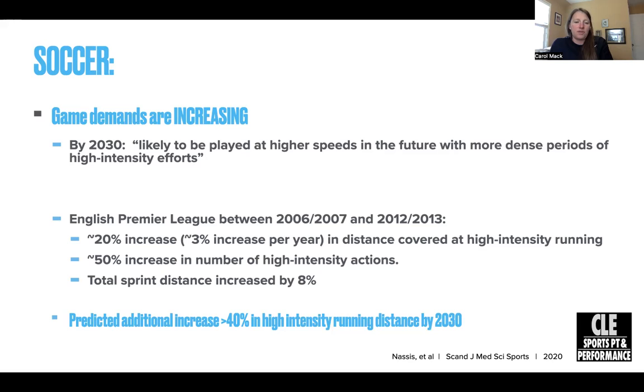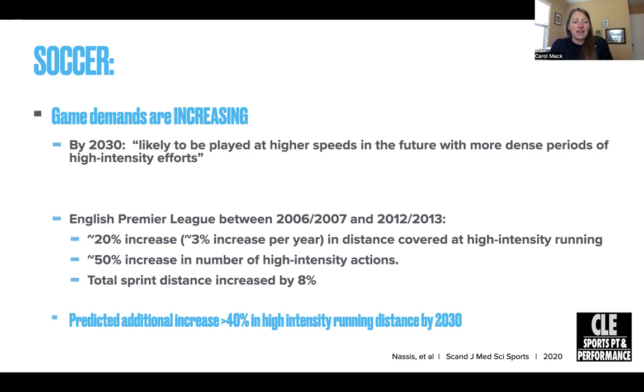We've looked at data in the English Premier League from the 2006 and 2007 seasons and compared that to the 2012, 2013 seasons. There was a 20% increase in the distance covered in what they call high intensity running. That's sprinting, things where you would have to accelerate. That's a 3% increase a year in the amount of ground that players are able to cover fast.